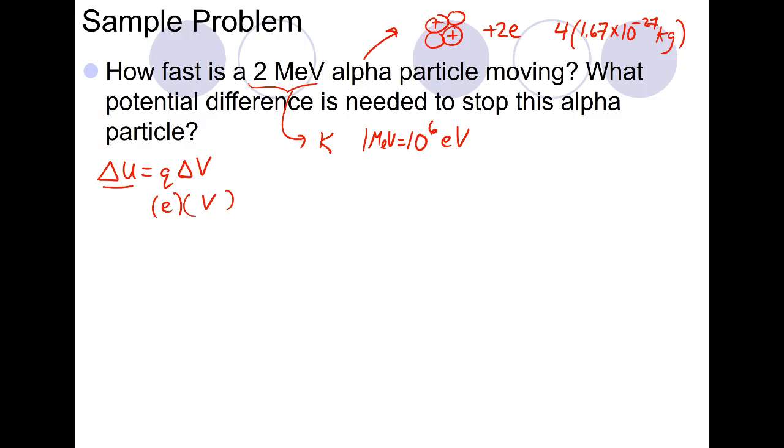Okay, so in order to convert this to joules, you have to multiply this by 1.6 times 10 to the negative 19th joules in 1 eV. So that's going to give us basically 1.6 times 10 to the negative 13th joules.